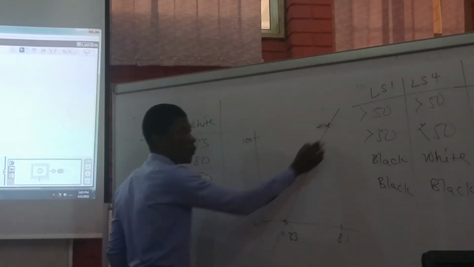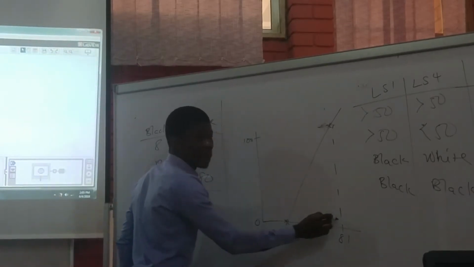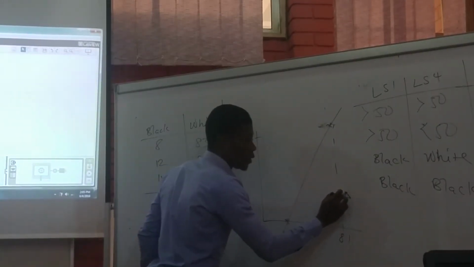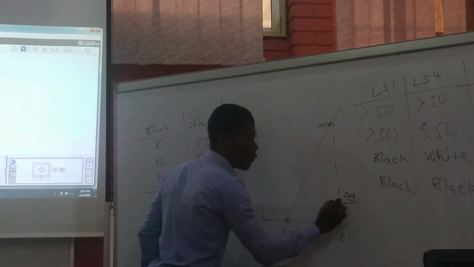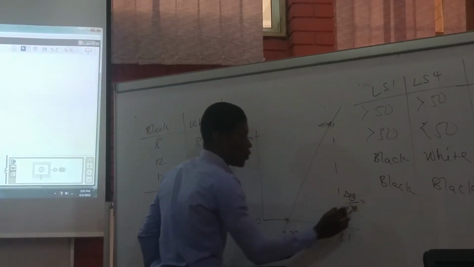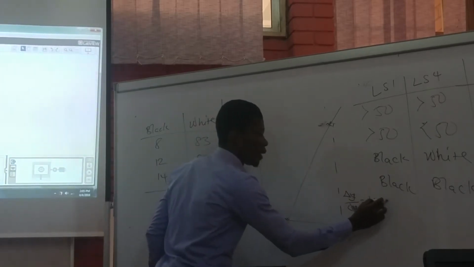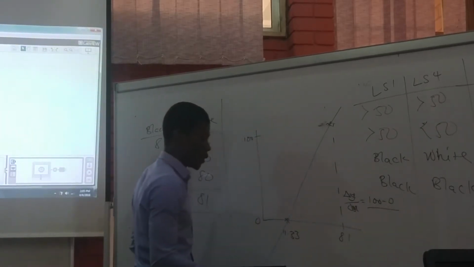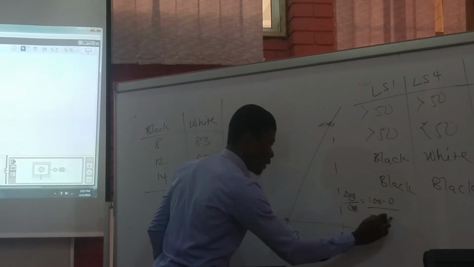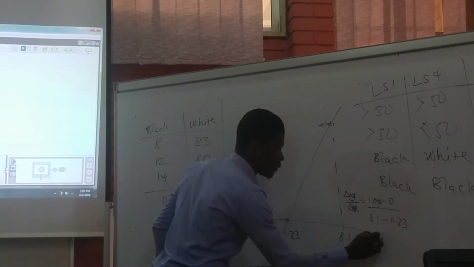That gives us this line. So we need the gradient, right? How do we calculate the gradient? Change in y over change in x. So change in y is 100 minus 0, change in x is 81 minus 11.33.